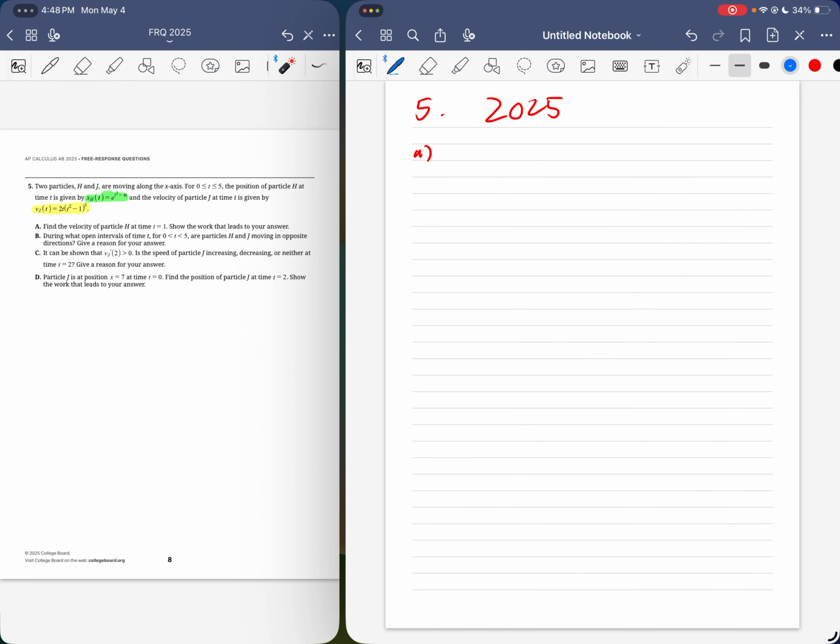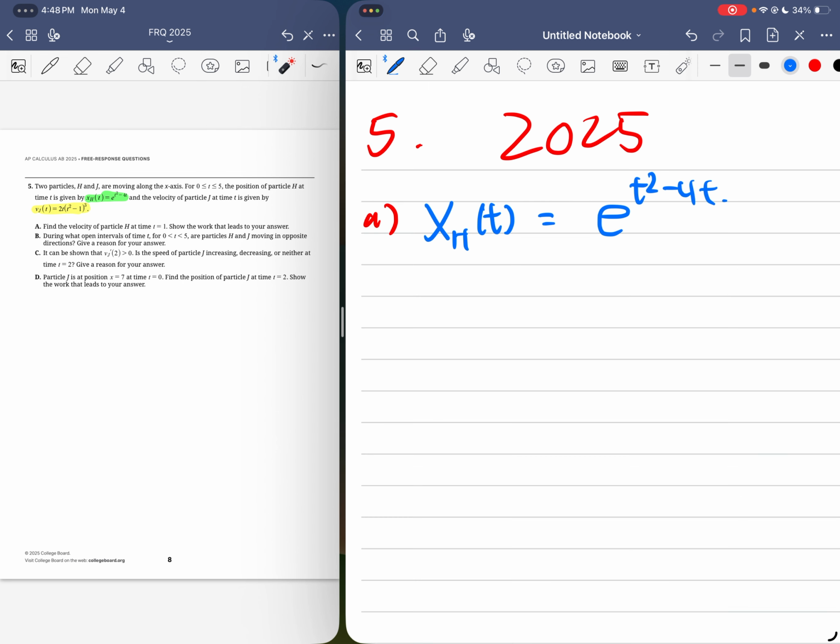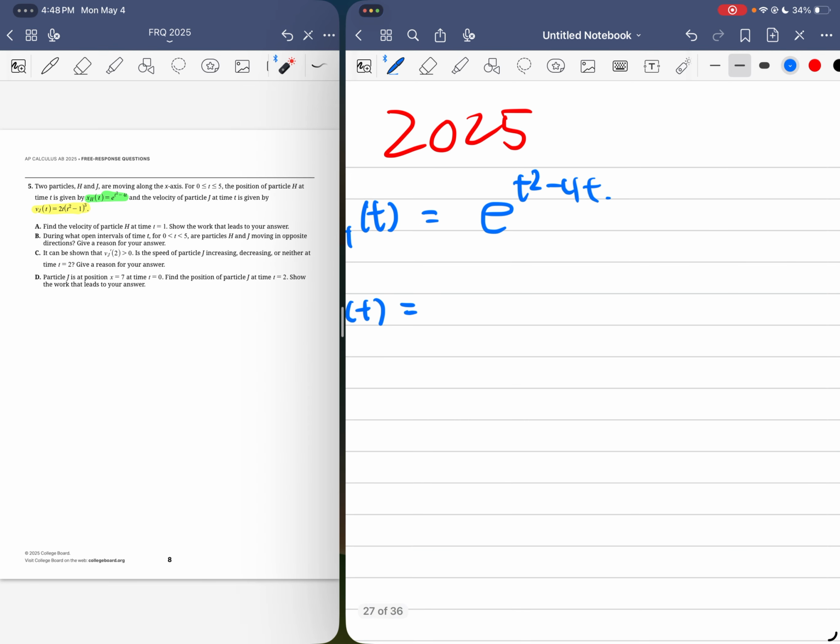So let's do this. X of t for the H is equal to e to the t squared minus 4t. So let's find velocity. The derivative of an exponential is you write it exactly as it is, times the derivative of the exponent, which is 2t minus 4.